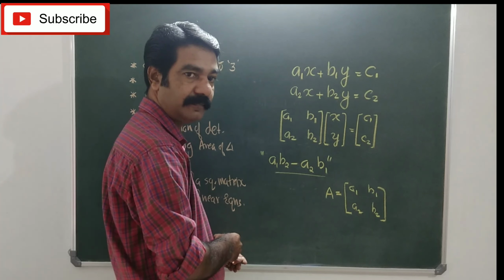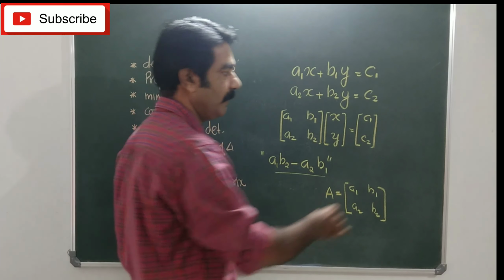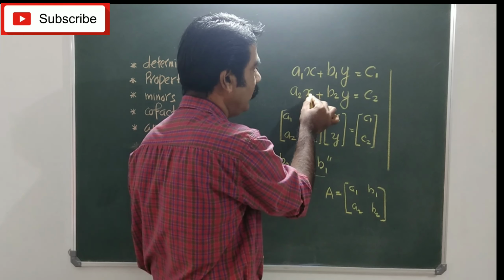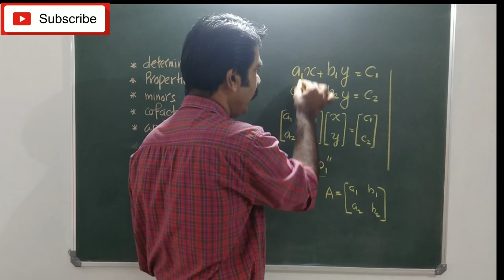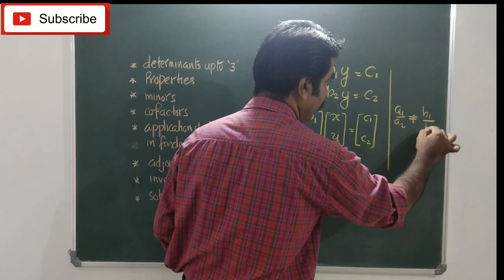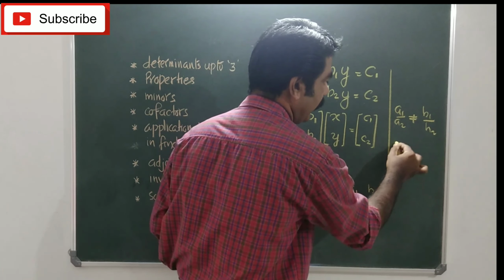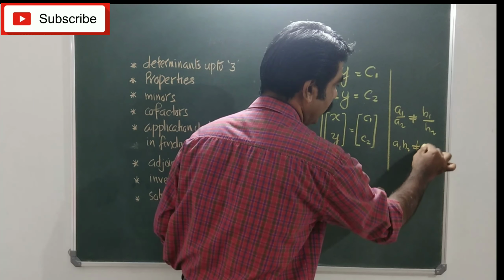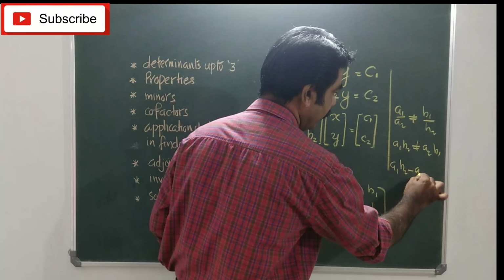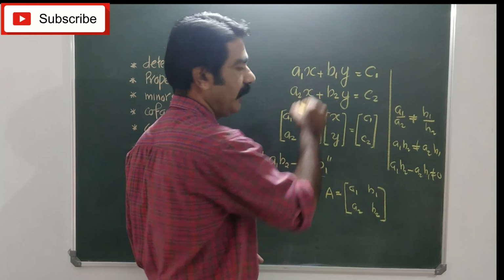It's very important. This value determines the uniqueness of the solution. Maybe in the 10th standard you learned, in a1x plus b1y is equal to c1 and a2x plus b2y is equal to c2, if a1 by a2 is not equal to b1 by b2, that is a1 b2 is not equal to a2 b1, otherwise a1 b2 minus a2 b1 is not equal to 0, then the system has a unique solution.